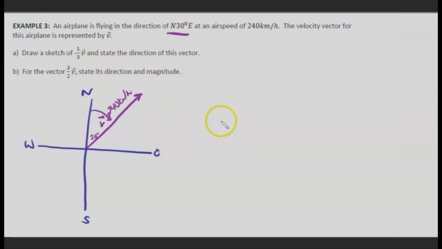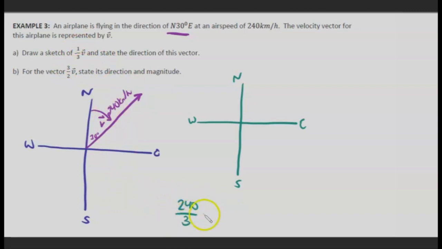So let's just draw a new one. Okay, so 1/3 of 240, if you think about it, 240 divided by 3, I believe is 80. Okay, so 1/3 is going to be 80 kilometers an hour.